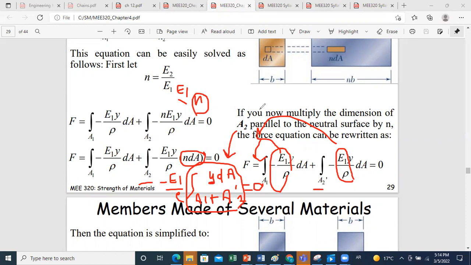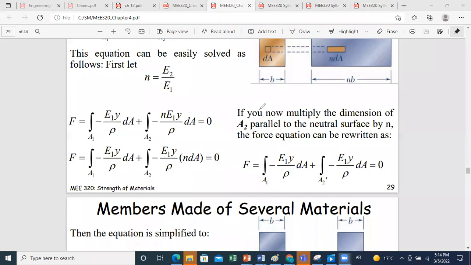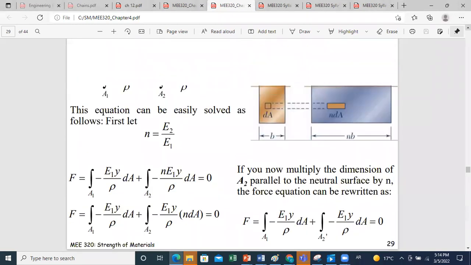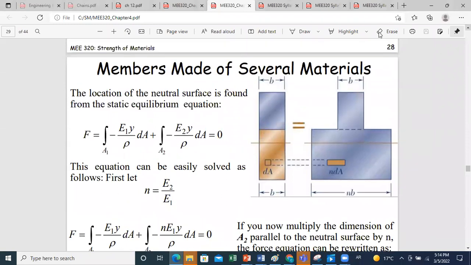Okay, let us explain the idea again. All we have to do is to consider that instead of integrating over an area dA in material 2, I should integrate over a larger area if E2 over E1 is larger than 1, of course. And if E2 over E1 is smaller than 1, then I will integrate over a reduced area.